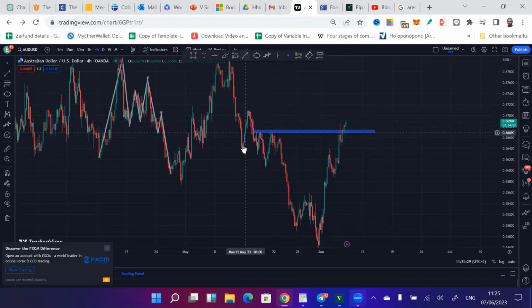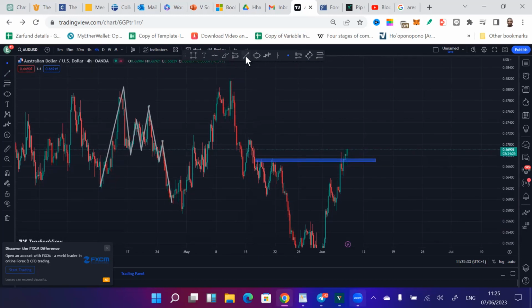That is what we call a swing. Look at this now from this top to this bottom here, that is a swing. Then this one from this bottom all the way to here, that's a swing again. Then from this point to this bottom here is a swing. Okay. Like that. So you draw all these things like that.